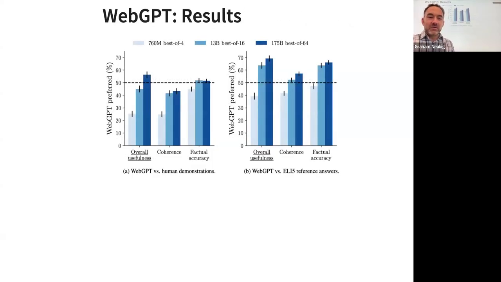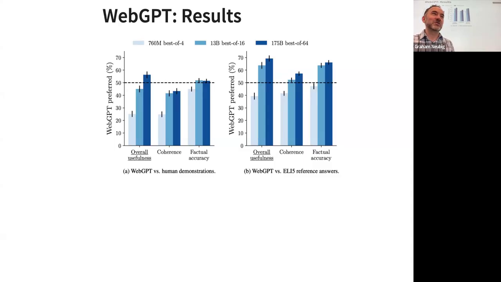So here were the results. One interesting thing that they showed was they compared the small models with each other, and then they also compared small models with medium models with big models, and models without search and with search. They finally compared with human demonstrations that they got from their annotators and the best answer on Reddit.